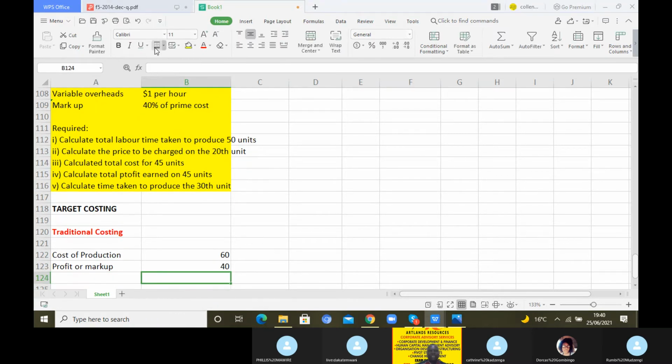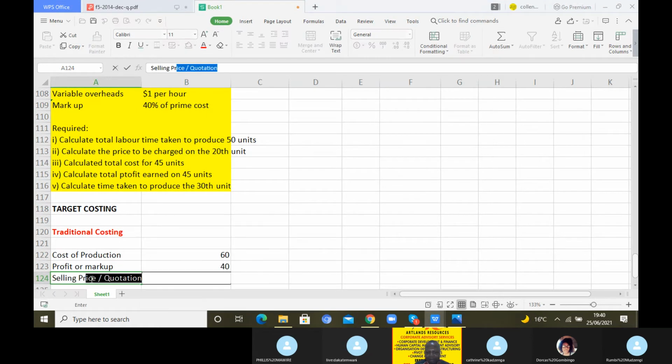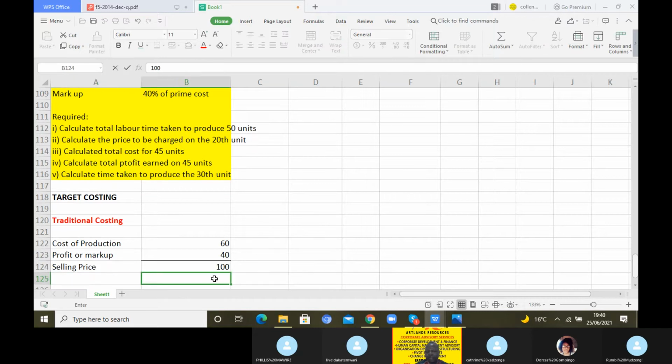So you are selling your cake for $100, which is your selling price.